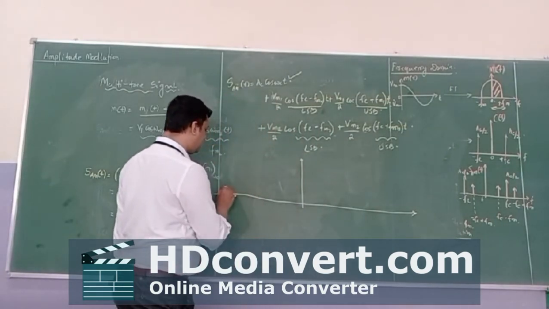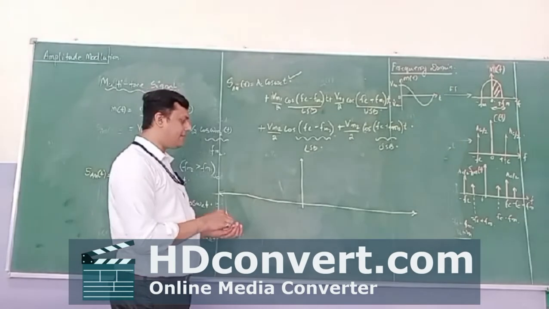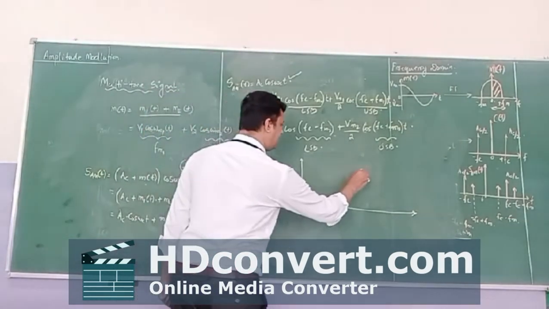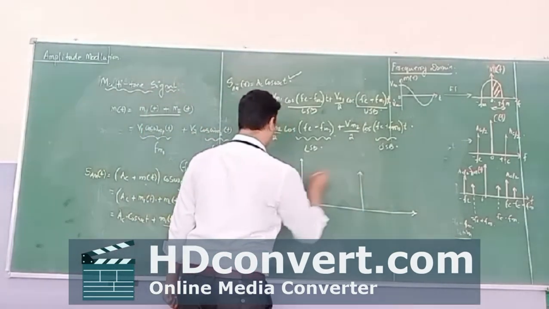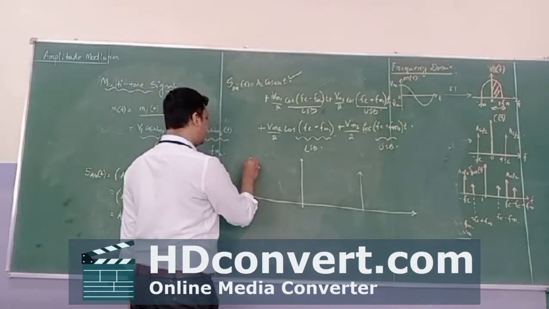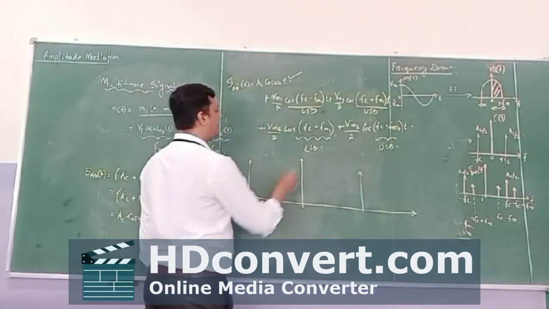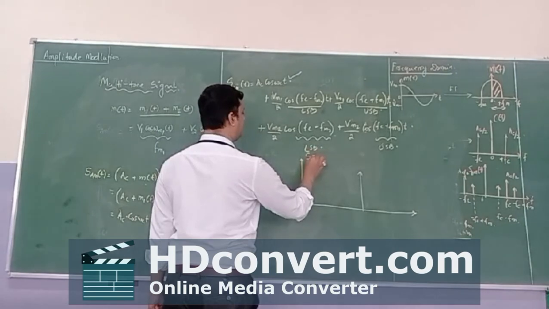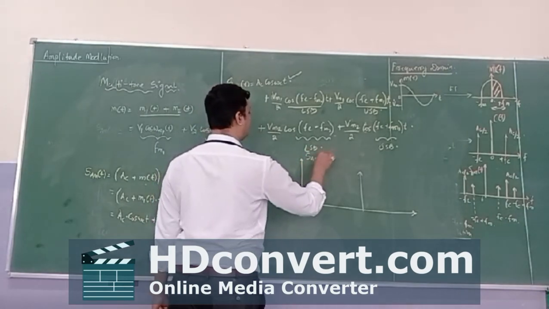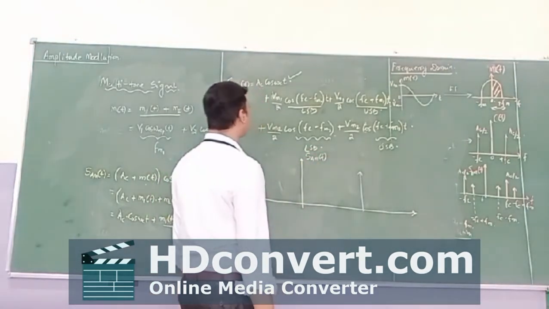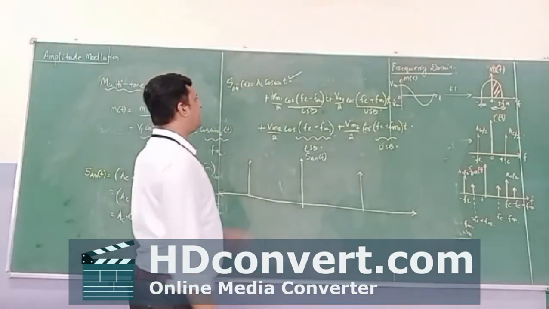First the carrier component, because the carrier is available. This is my carrier, and this is my S suffix AM of f.